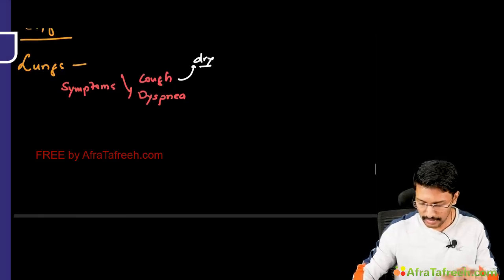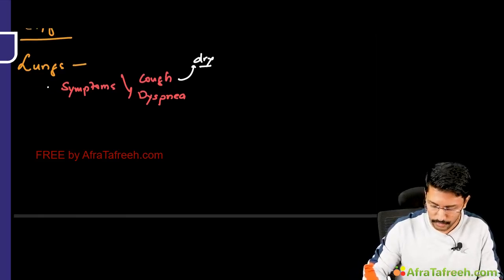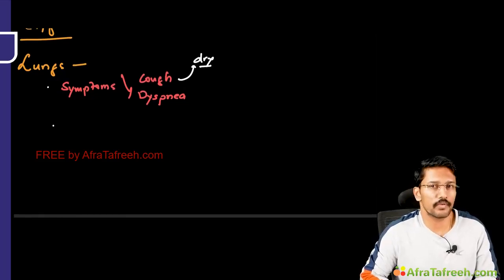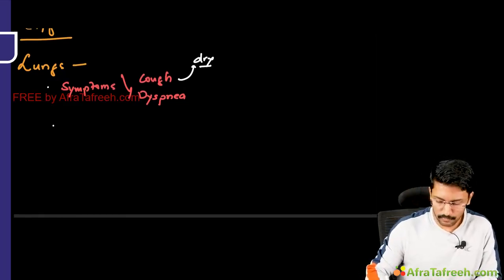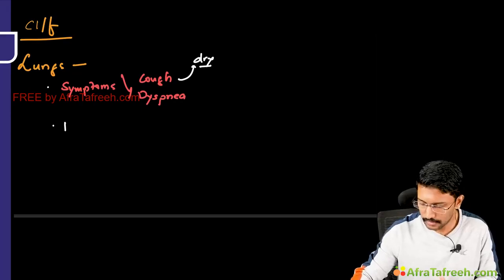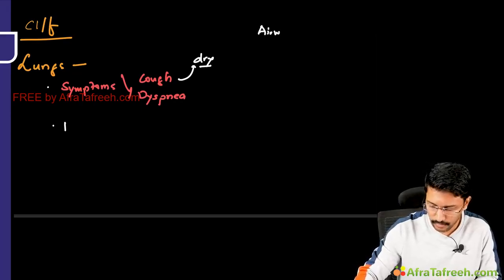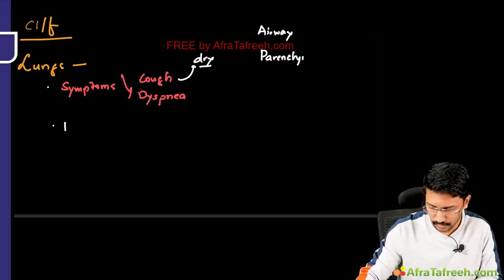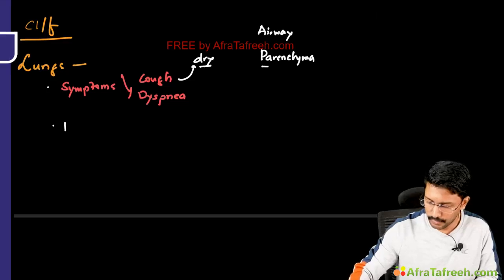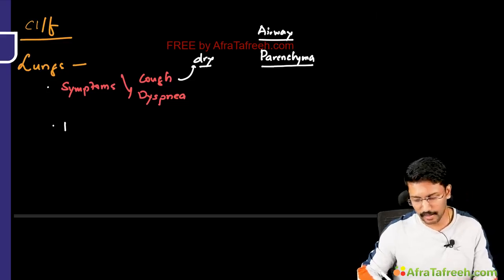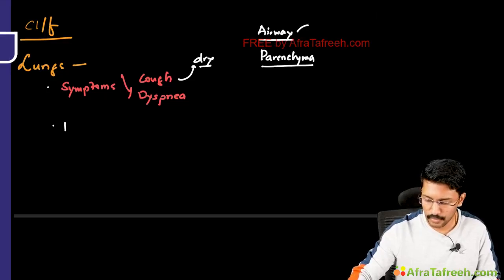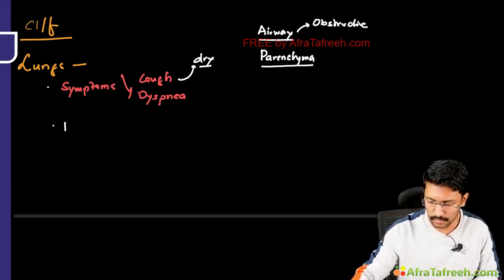Now, such a patient, when we're evaluating, if we do a chest X-ray, what are the findings we will be seeing? Most importantly, I will tell you that sarcoidosis affects the airway as well as the lung parenchyma. So airway involvement can lead to obstructive lung disease.